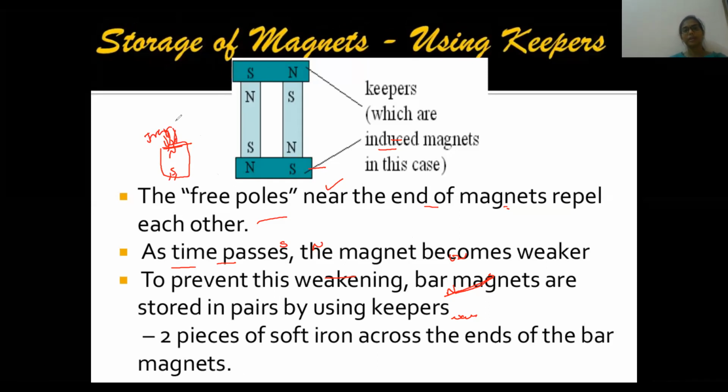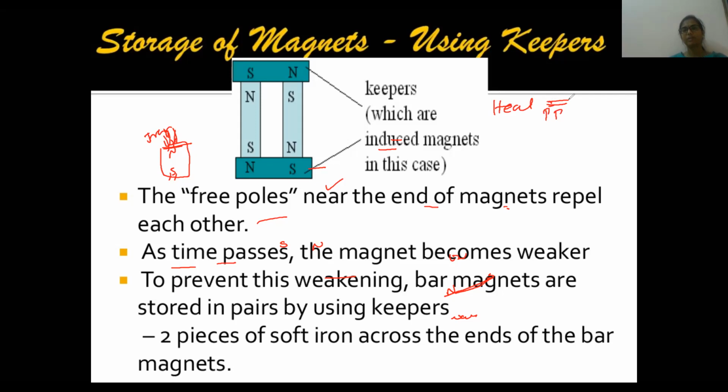So how do we take care of magnets without losing their properties? We cannot heat the magnet over fire, because it will lose its properties. We cannot break the magnet, and we cannot drop the magnet from very high heights, because then also it loses its properties.